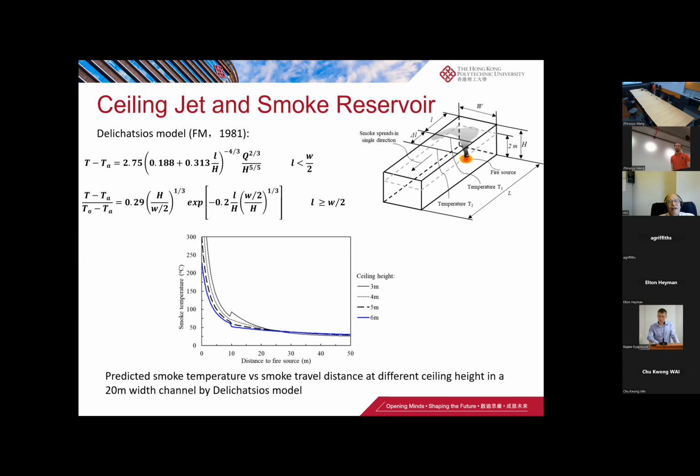And for the discontinuity here, the Delegacy's model was developed with a narrow corridor, about 3.5 meters wide, but we apply this to a 20 meters wide channel. So this is over their model's limitation. That is the reason I skipped this issue.